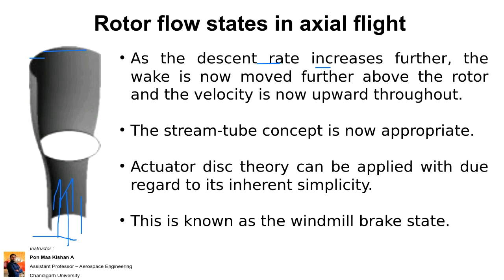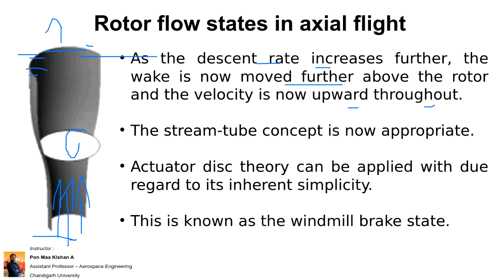The rotor is rotating and the vortex will be generated. If the wake goes out of the exit limit, out of the stream tube, the wake has now moved further above the rotor and the velocity is now upward throughout.